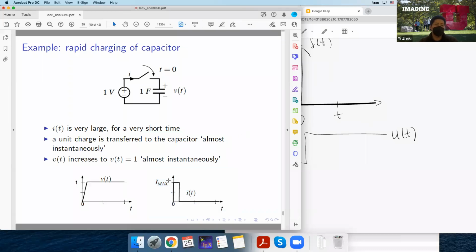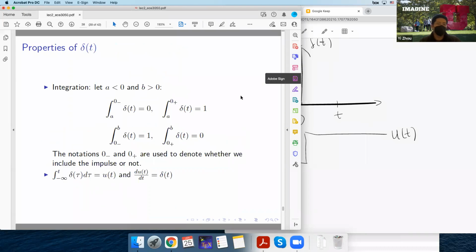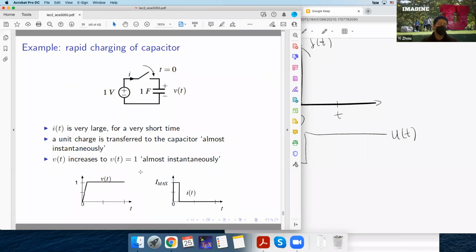Well, the integration of the current is basically the total amount of charge that we put on this capacitor. And in fact, the voltage and the current are related by this differential equation, right? So the current is the derivative of the voltage of this capacitor.